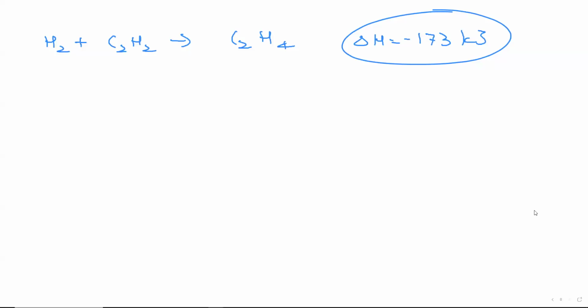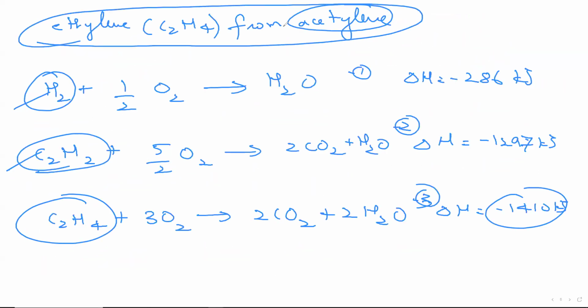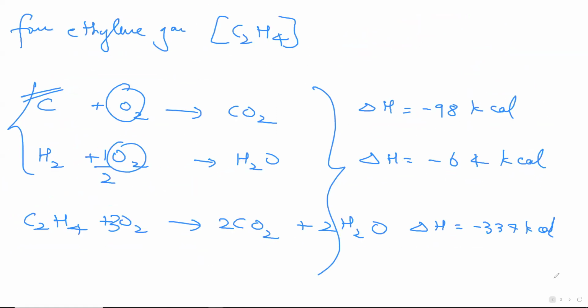Simple. I want to teach you this type also. So what's the difference in this question? They're asking for formation of ethylene from acetylene. This also is one of the types. In the previous question, they gave me what happens in combustion of carbon, hydrogen, and C2H4, ethylene gas. Combustion meaning add O2. Formation meaning on the right hand side.